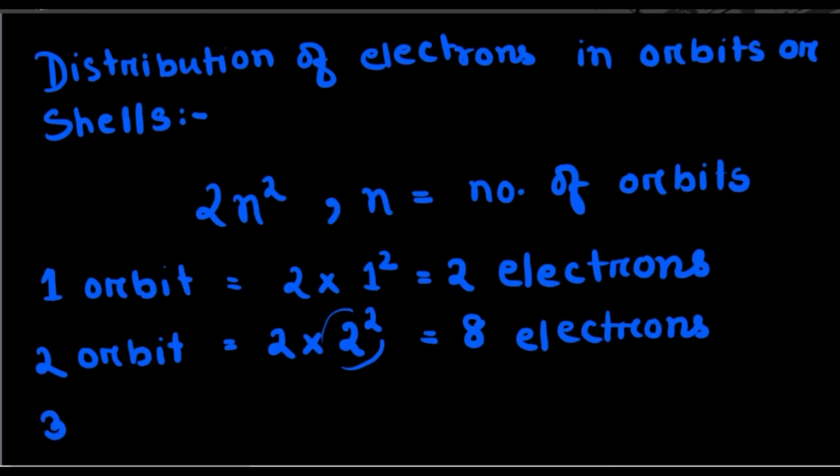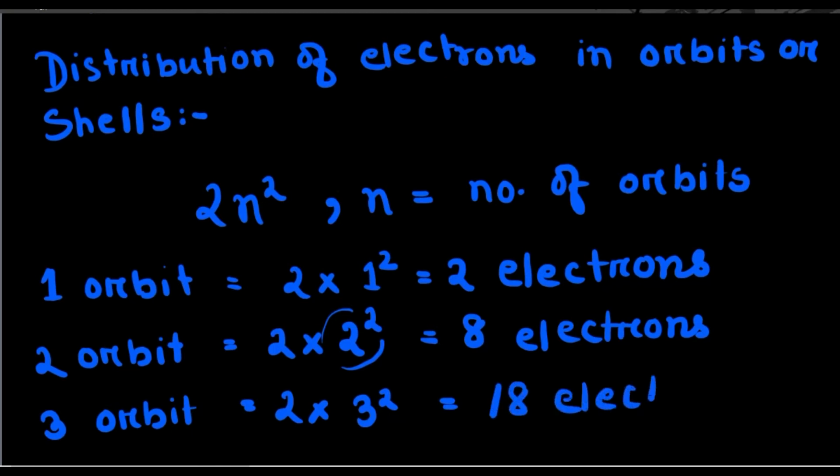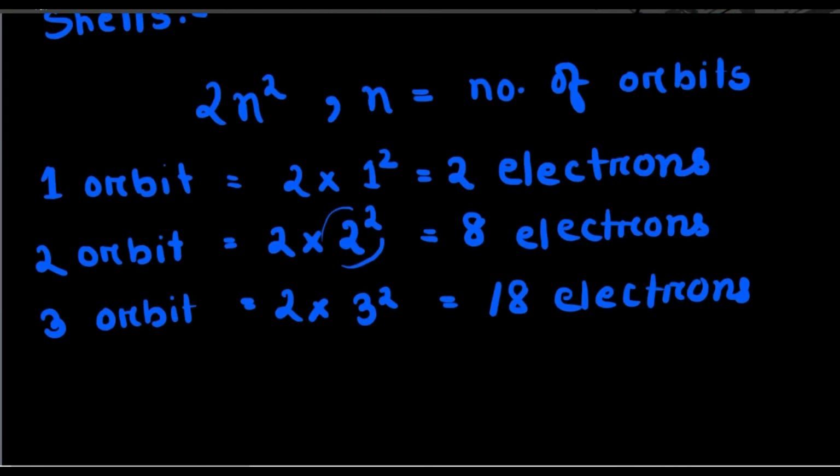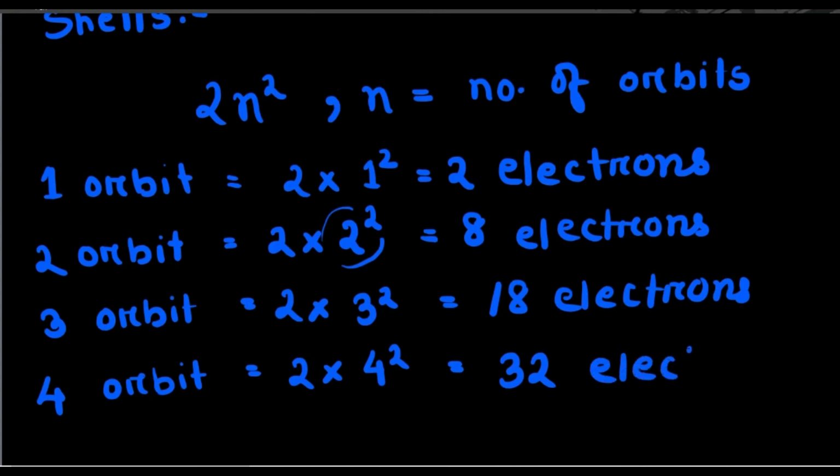So the third orbit can accommodate a maximum of 18 electrons, and the fourth orbit can accommodate a maximum of 32 electrons.